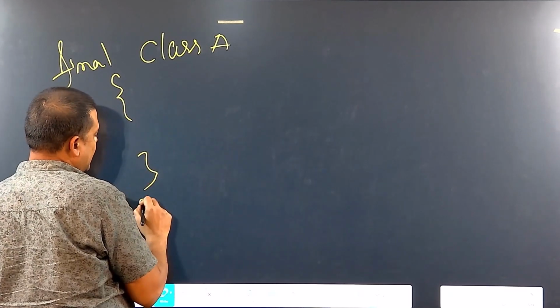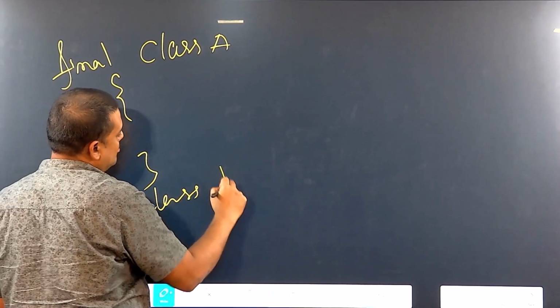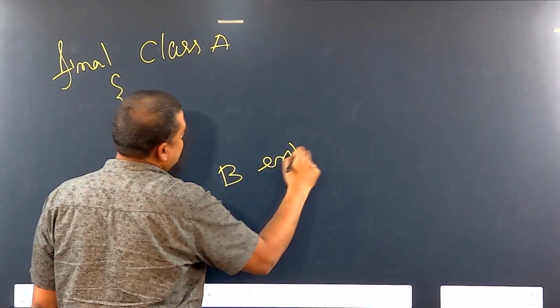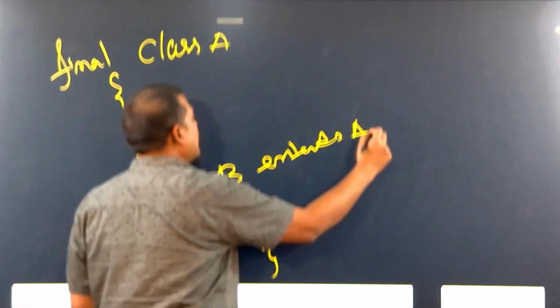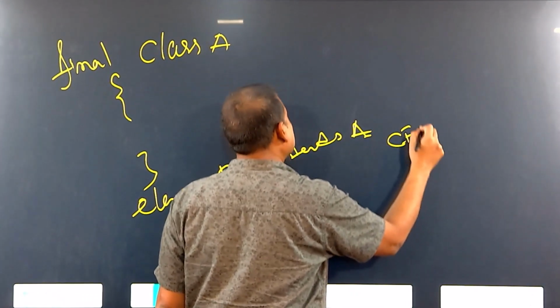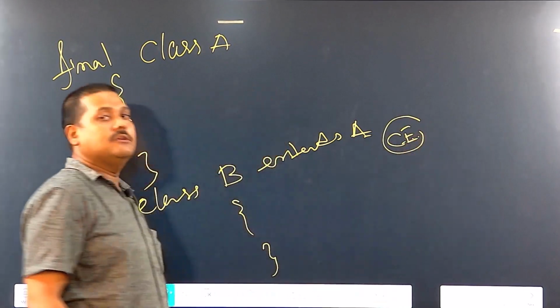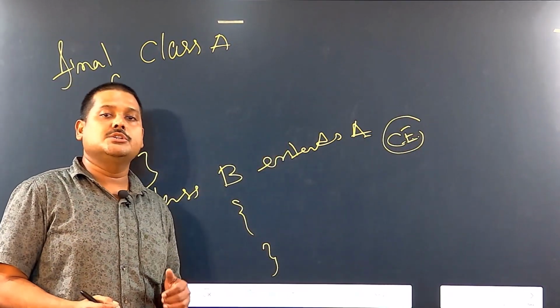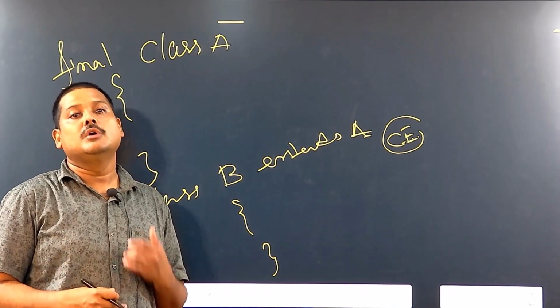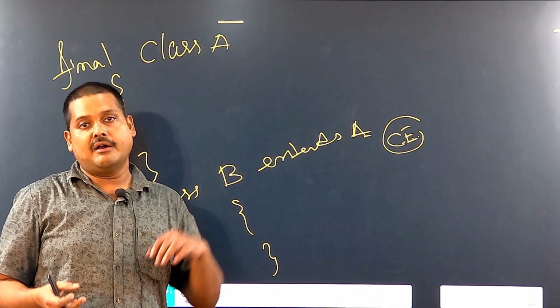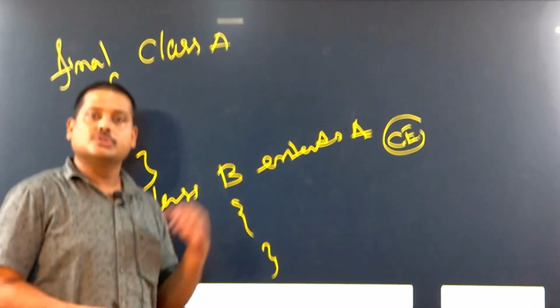If we write class B extends A, this will be wrong, a compilation error. And what is the purpose? The purpose is to not allow making subclasses, or not to allow reuse of that particular module. That is the main reason.